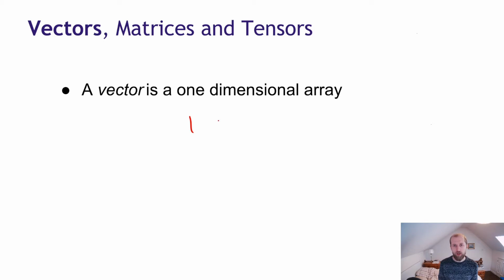It could literally just be 1, 2, 3, 4, and then we put these brackets around the outside to signify that this is a vector. We're going to use these a lot because the output of every single neural network that we use is going to be a vector, almost always.